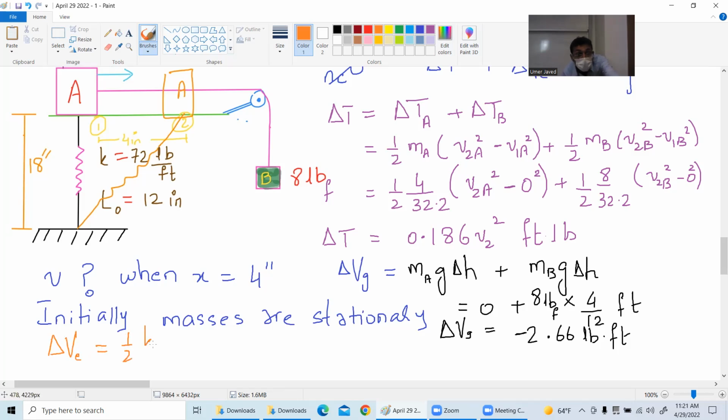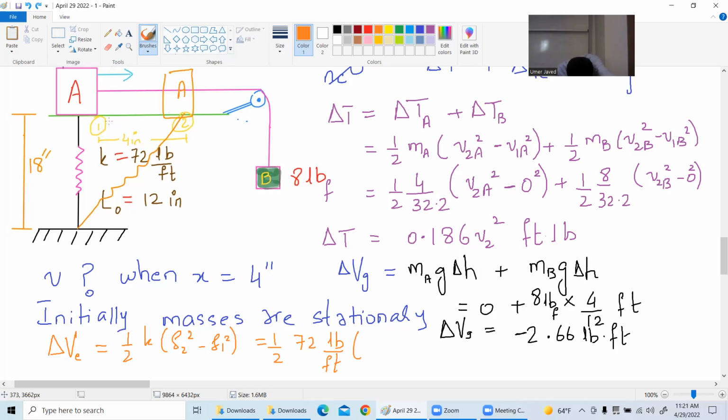It will be 1/2 K (delta 2 square minus delta 1 square), which is equal to 1/2 times 72 pound per feet into delta 2 square. Now delta 2 square is a little confusing. So I think this is 18, and then I will have a hypotenuse, then I will have a base of 4.